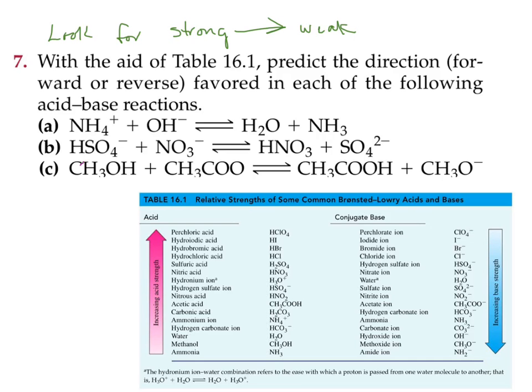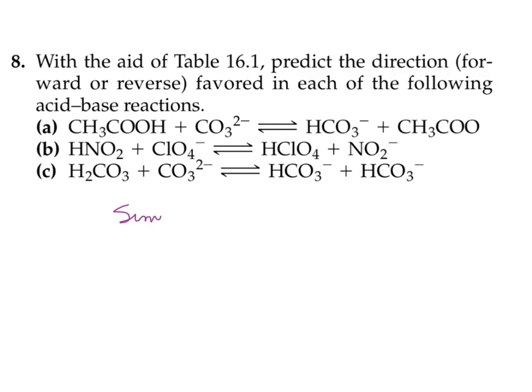And the one that's going to be favored is the direction where you have the strong going to weak. So the first one, yeah, looks to me like it's going to go back this way. I agree with the birthday boy. Okay? So take a look at those, and this one is similar to 7. All right. Now we're back to buffered solution.